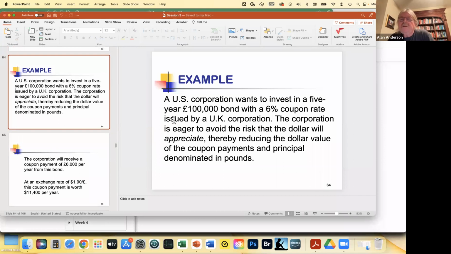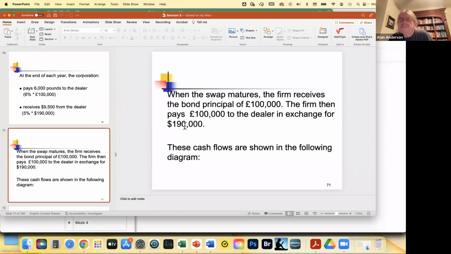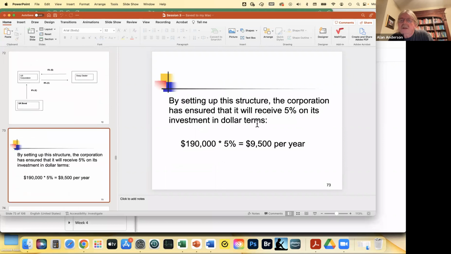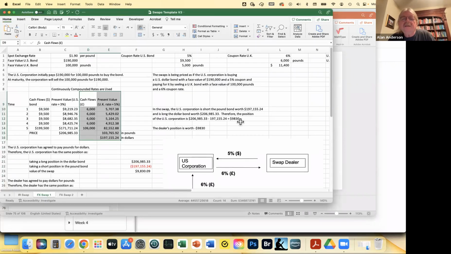So what they're going to do is trade dollars for pounds, buy the bond, and then trade its cash flows for dollars. And that's what we saw here. So in other words, they want to lock in 5% in dollars without exposing themselves to any foreign exchange risk. So they bought the bond, they trade those cash flows to the dealer, and they get back dollars. So in effect, they're selling a British pound bond to the dealer, and then they're buying a dollar bond from the dealer.